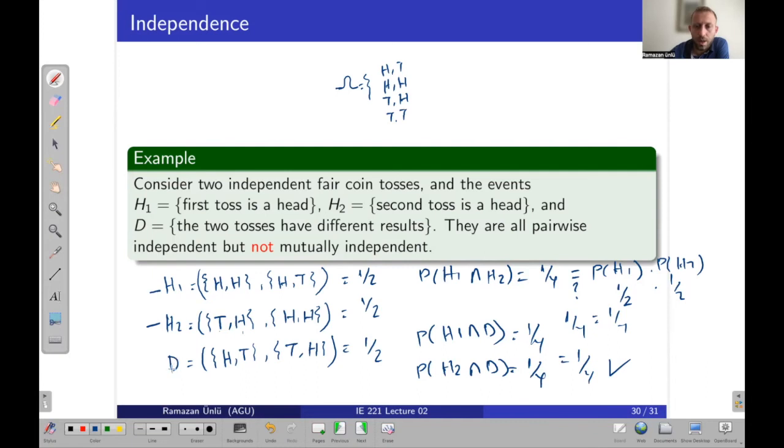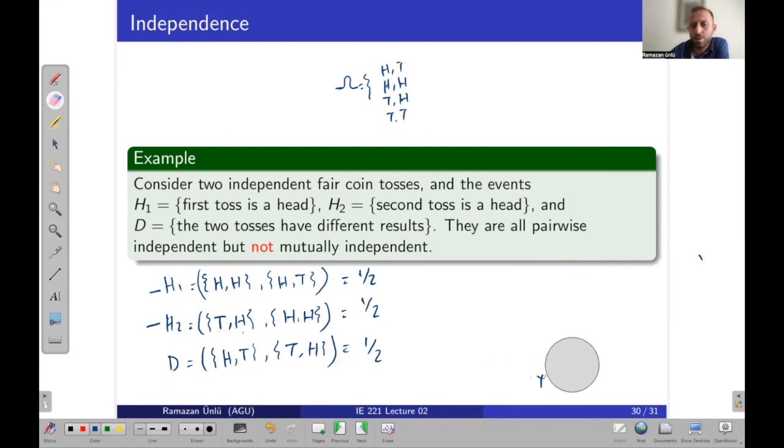Now let's look at the last one, the intersection of all three events. We need to look at the probability of H1 intersect H2 intersect D. Is there a common point there?